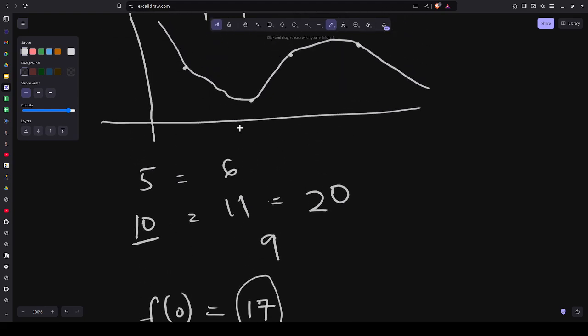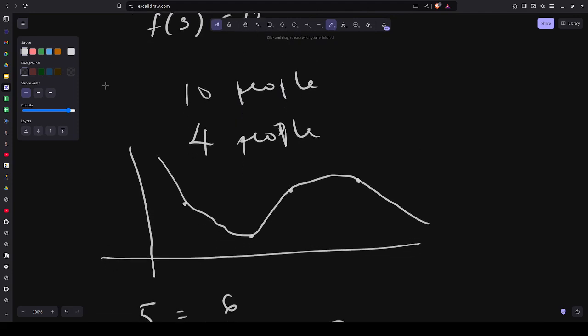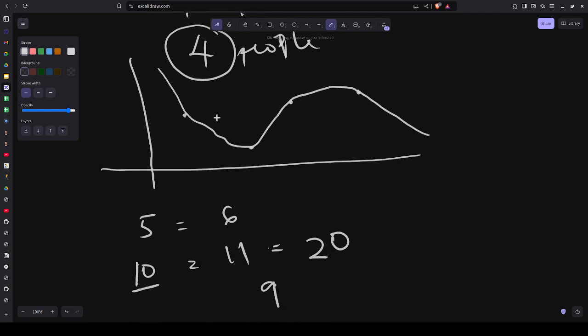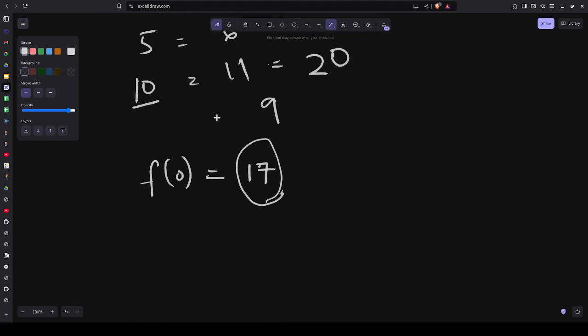How many of the points do we know? We want 4 people to be able to come together to get back a polynomial that if we evaluate it at 0, we are going to get 17. People as in points, right? Yeah, we can think of people as points.